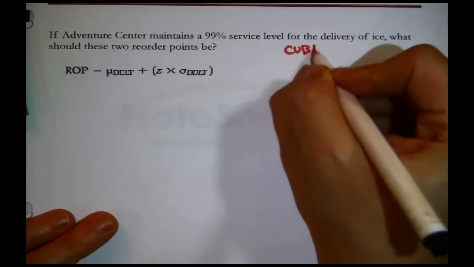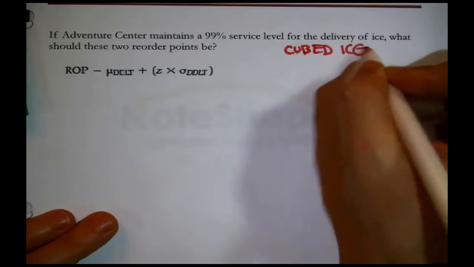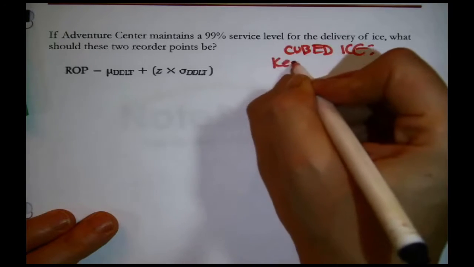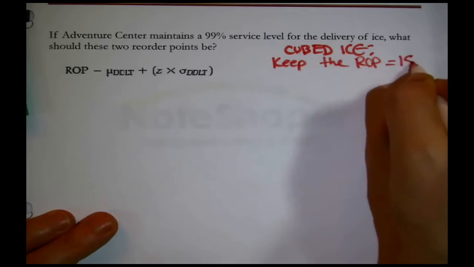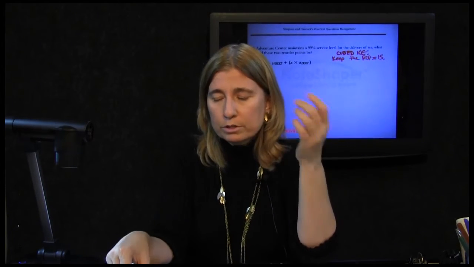Cubed ice, keep the reorder point at 15. You always need 15 pounds during lead time. Keep it at 15. You'll actually theoretically get a 100% service level, so you'll certainly get a 99% service level.